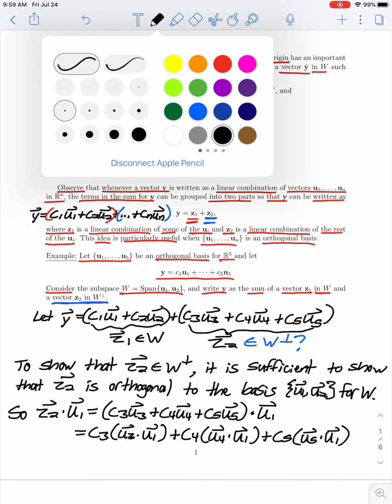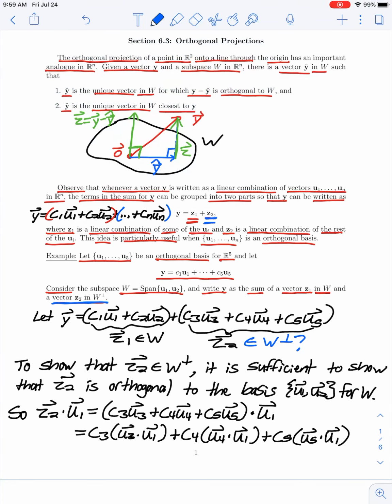But now in our problem statement, we were told that this basis of U1 through U5 is an orthogonal basis. So all of these basis vectors, u1, u2, u3, through u5, are mutually orthogonal. The dot product of any two distinct vectors is 0, so we have a value of 0 here. Since the dot product of z2 and u1 is 0, that means that they are orthogonal.